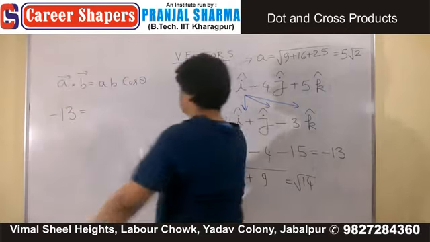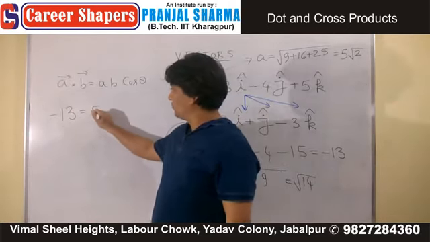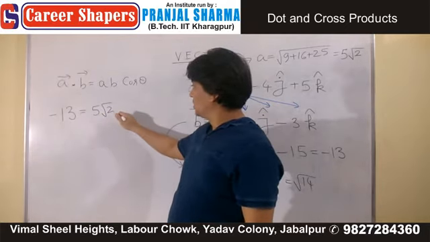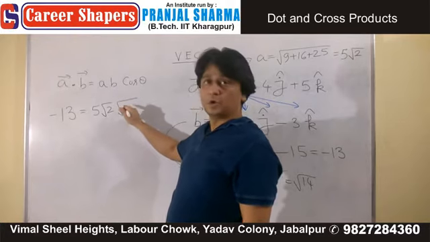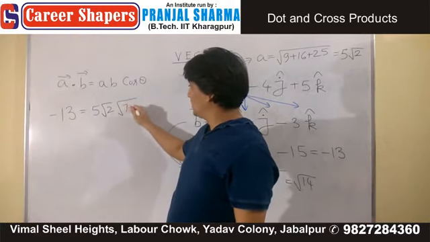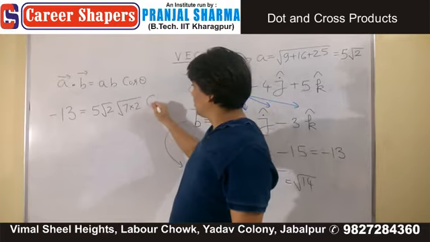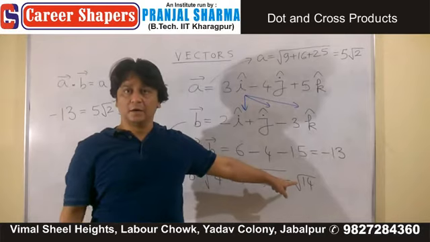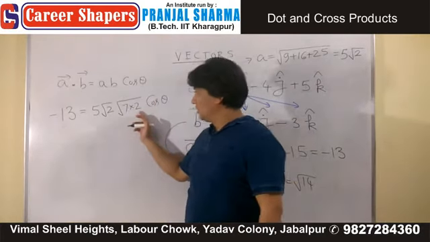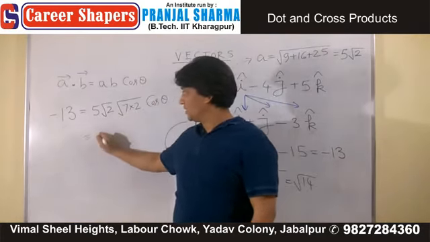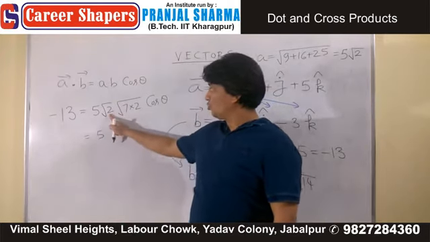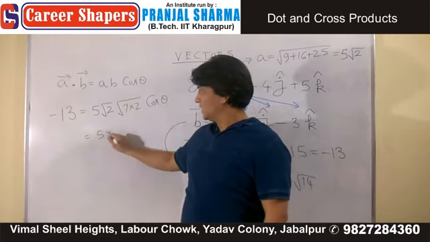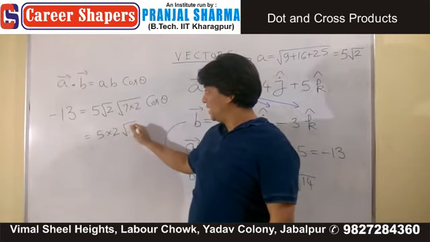Now, what is A? 5 root 2. What is B? Root over 7 into 2, cos theta. This is 14. Now let's find it, 7 into 2. Why? Because you can see now that this is 5 root 2 multiplied by root 2, and root 2 times root 2 is 2, multiplied by root 7.